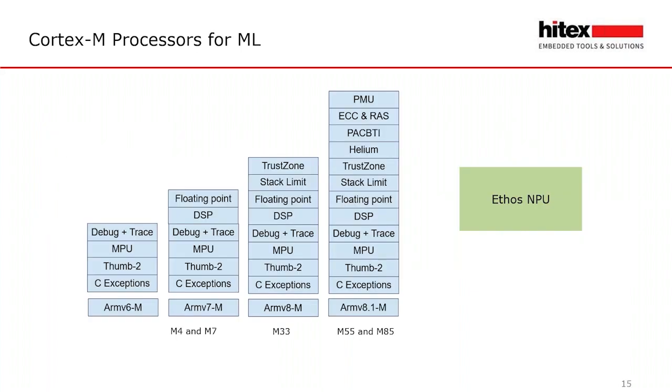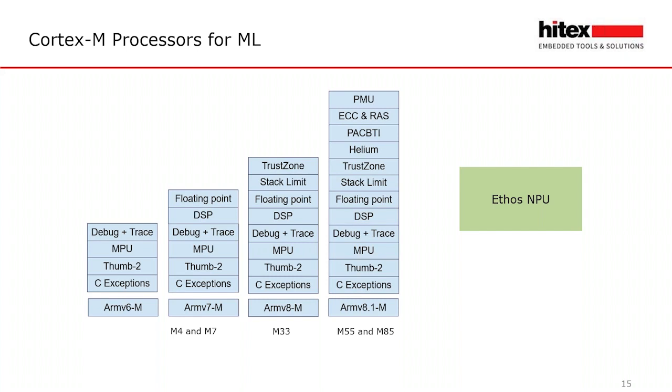So in terms of the Cortex-M processors, from the Cortex-M4 and upwards, we have hardware floating point, and we also have the SIMD instructions, single instruction, multiple data, so they can process integer values very quickly in a sort of pipeline.